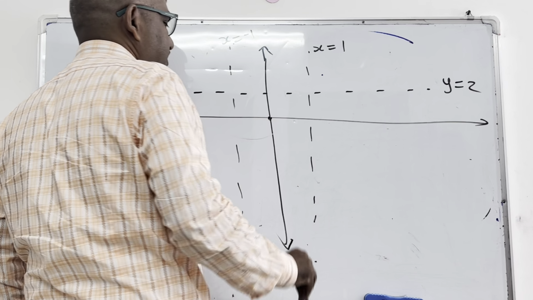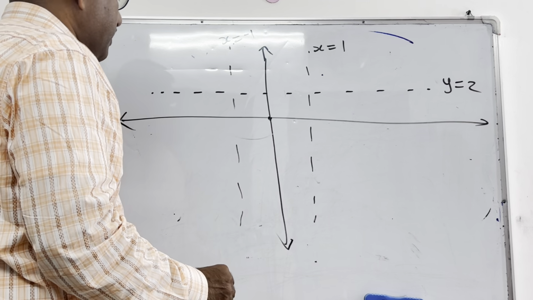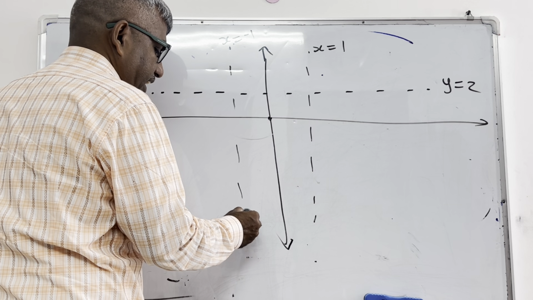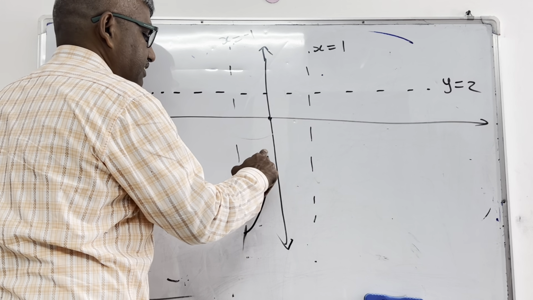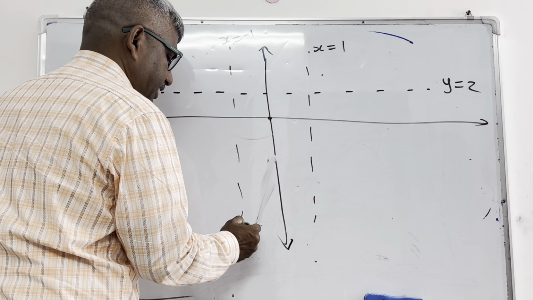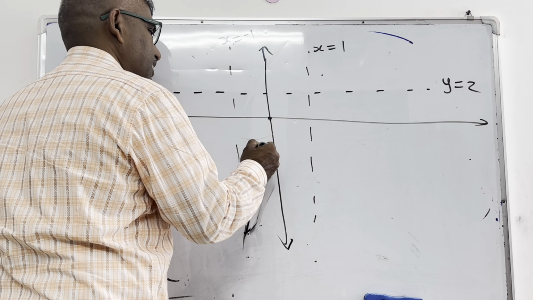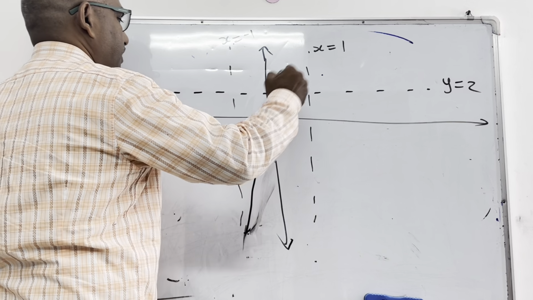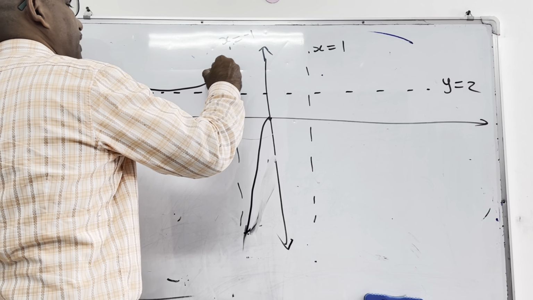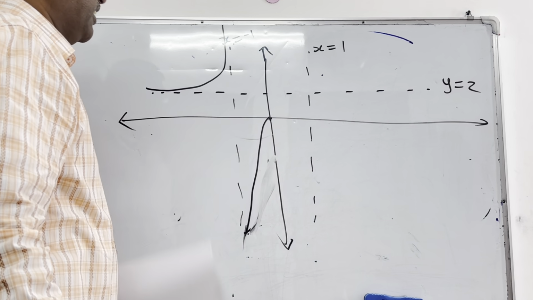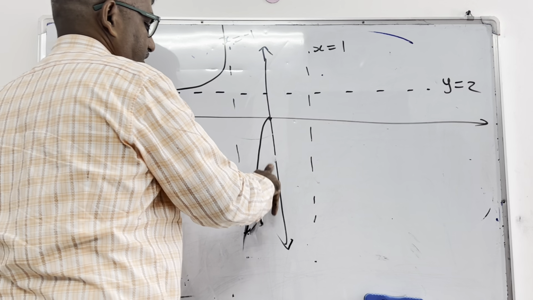Intervals of increase is minus infinity to 0. So on this side, the curve will not be like this. The curve for intervals of increase is like this because it is positive. And here also minus infinity to 0. Very clear. The curve, we draw it.